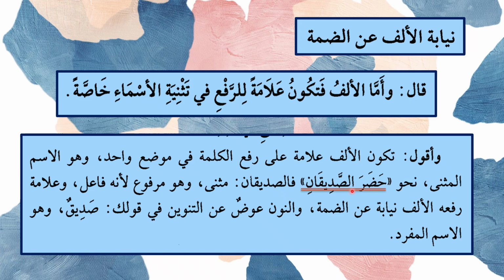How do I know that this is a dual structure? Because of the last two letters added in this noun. What are the last two letters? Alif and noon. So this has been added, and you can clearly see it is a suffix after the noun sadiq. So this suffix is important to tell you that it is a dual noun.